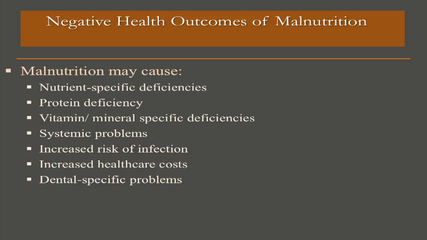Some of the malnutrition outcomes are nutrition-specific deficiencies, protein deficiency, vitamin and mineral-specific deficiencies, systemic problems, increased risk of infection, increased healthcare cost, dental-specific problems. And looking at every single one of these items, you can connect it with some sort of malnutrition.